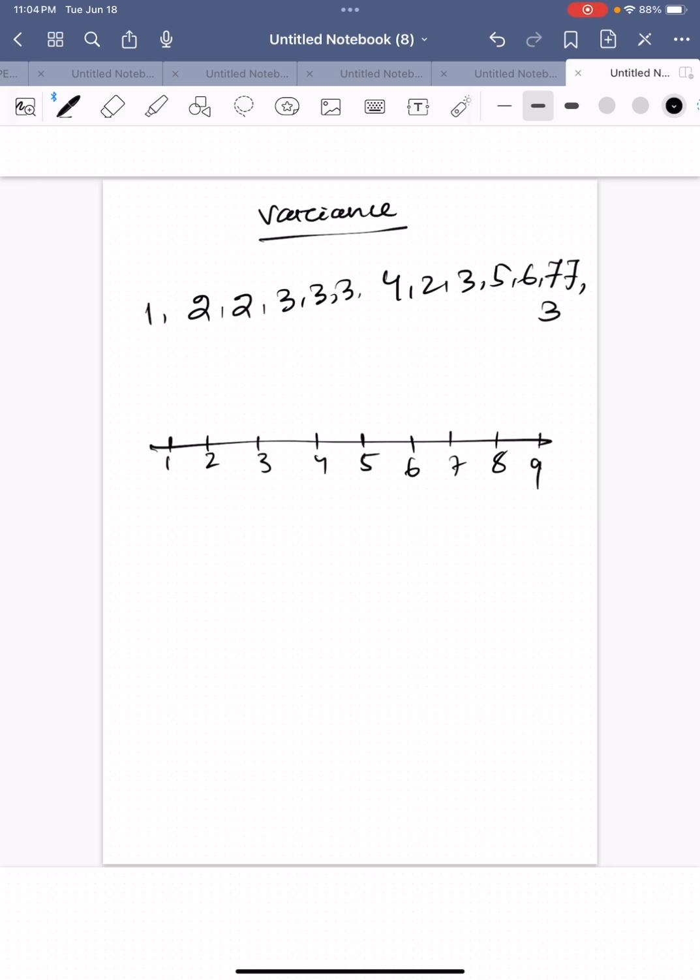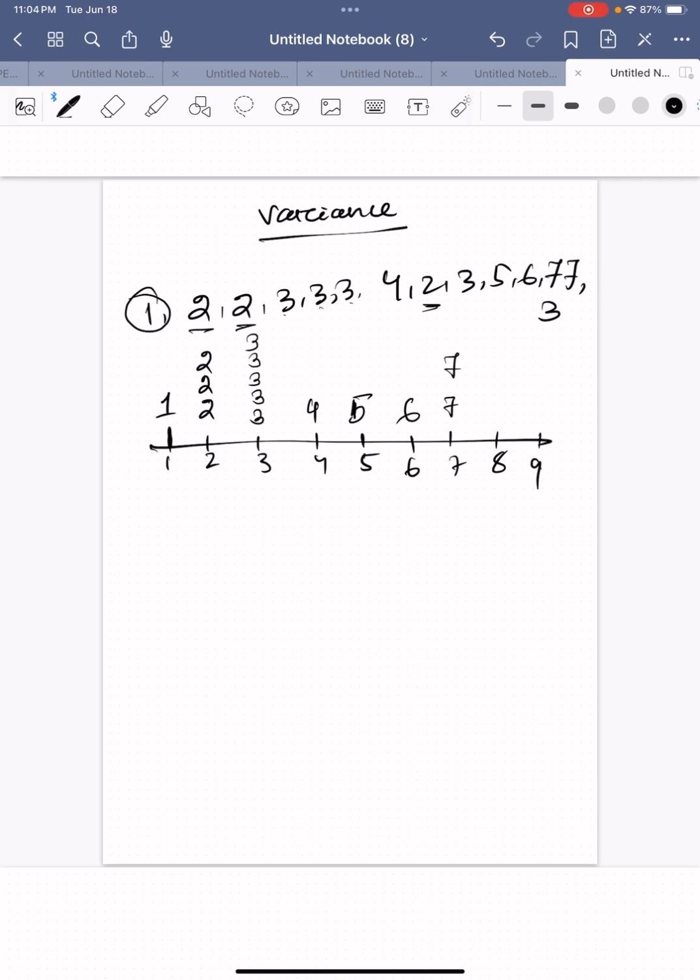We have one 1, three 2s, five 3s, one 4, one 5, one 6, and two 7s.